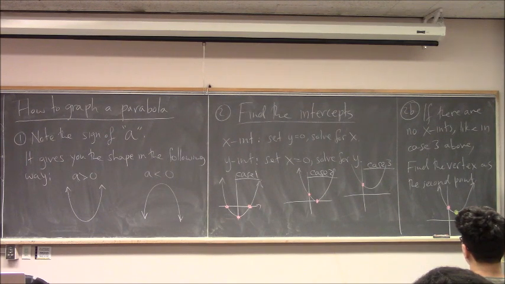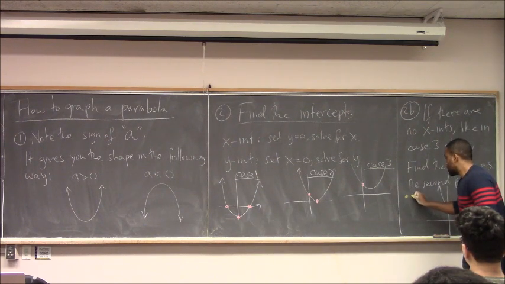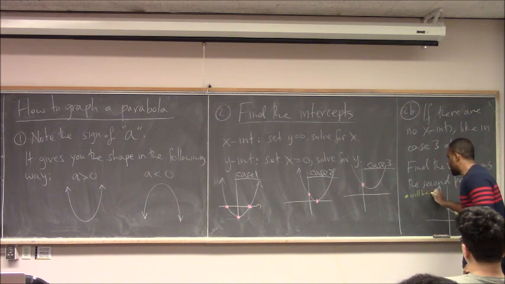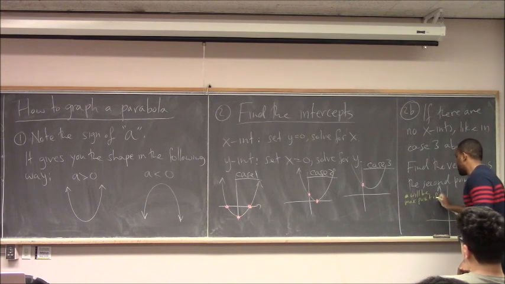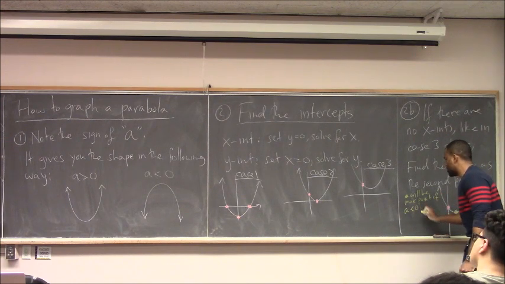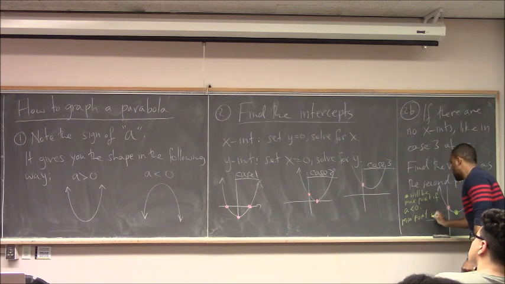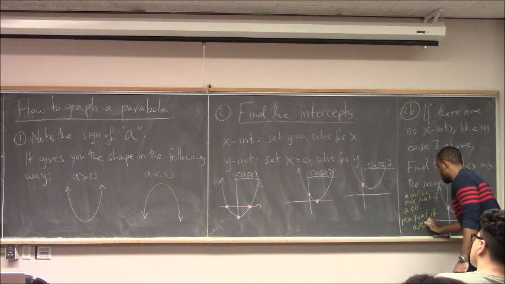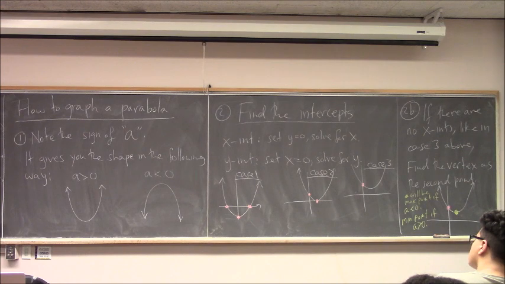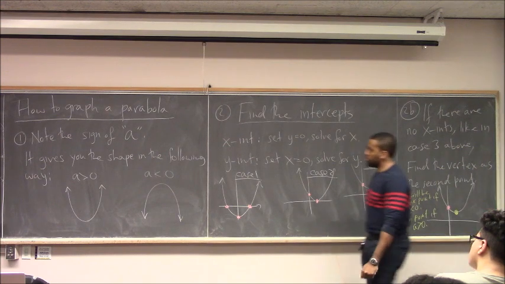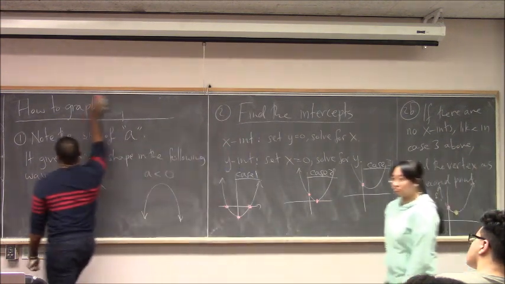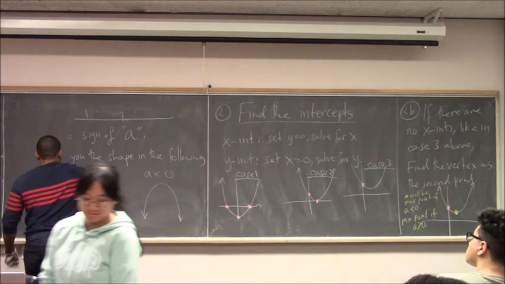So the yellow point will be the max point if your A is less than 0. It's the min point if your A is greater than 0. Which finally brings us to step 3.